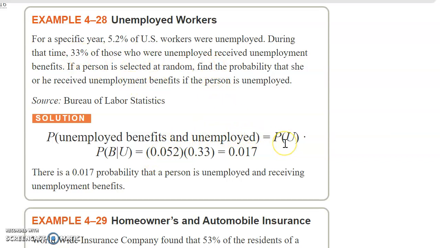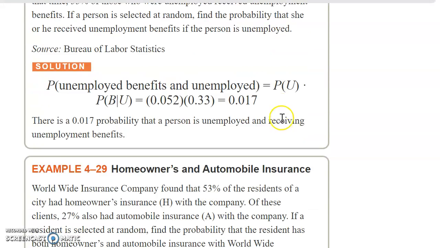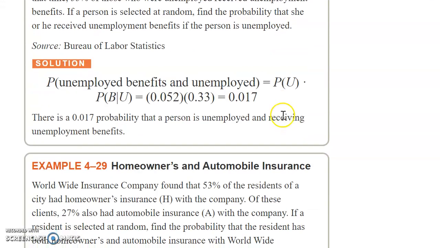The probability of being unemployed is 5.2%. So the two of them together, you multiply them. First thing that happens is you're unemployed. The second thing that happens is that you get the benefits. So you have one thing happening, then you have the next thing happening, but the second thing is dependent upon the first thing happening.